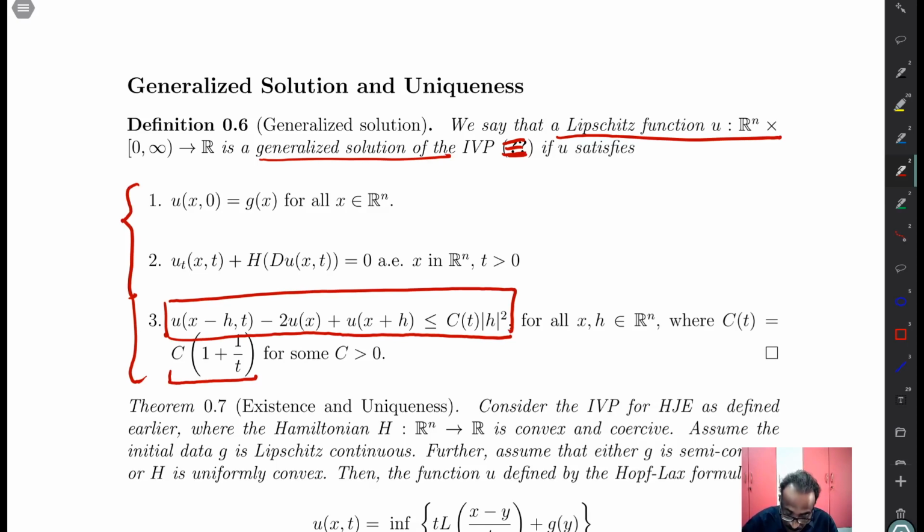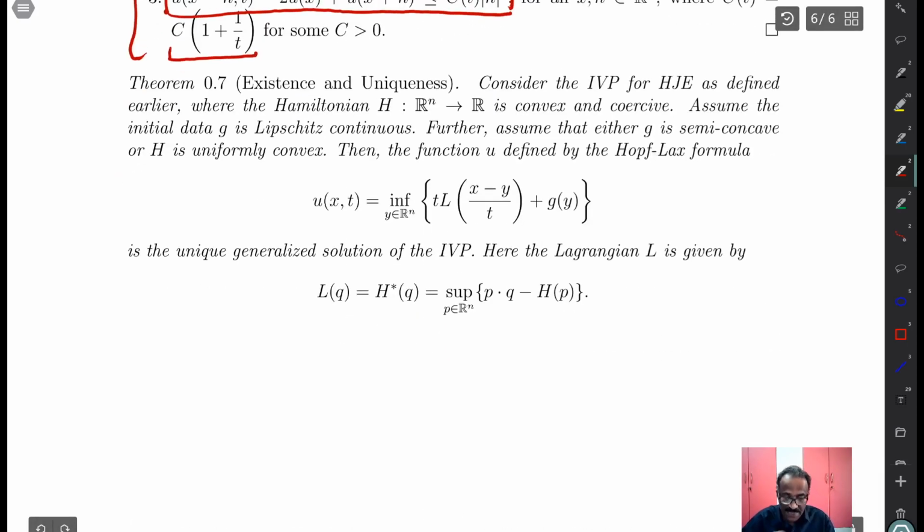And the final theorem, which I will state today as the final part of my talk on Hamilton-Jacobi equations, gives existence and uniqueness of a weak solution. Consider the initial value problem which we have described: u_t plus H of Du equals 0, and u at x, 0 is equal to g of x.